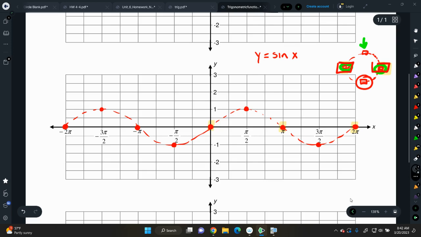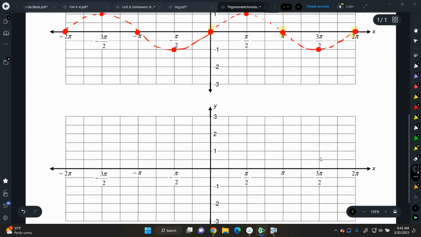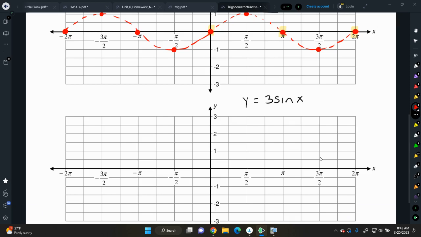What do you think will happen if we have y equals 3 sine x? The maximum is 3. Good. So does my period change? No. Remember we looked at the difference in the wheels? This is just a bigger Ferris wheel, still taking the same amount of time to go round.